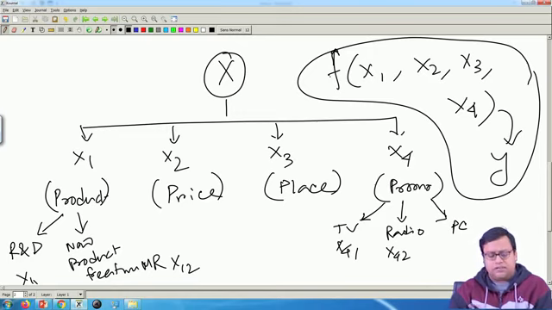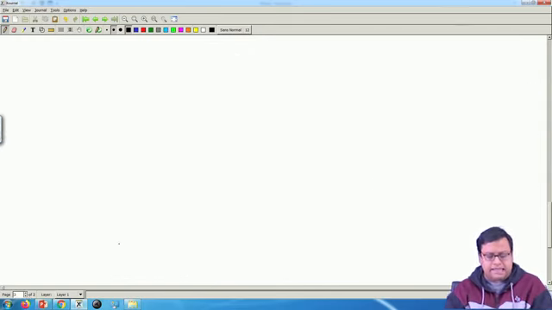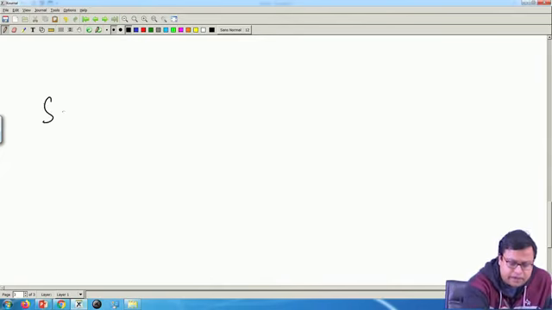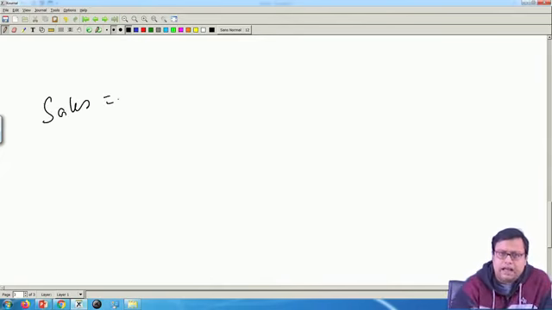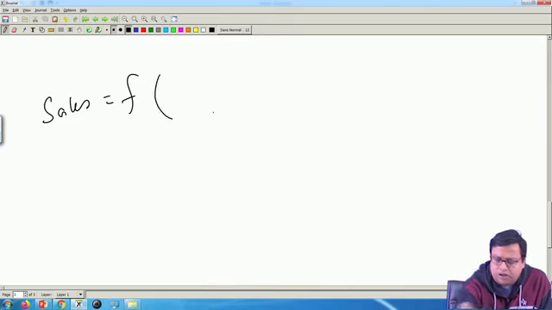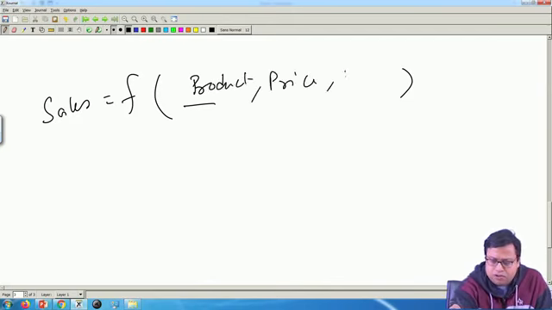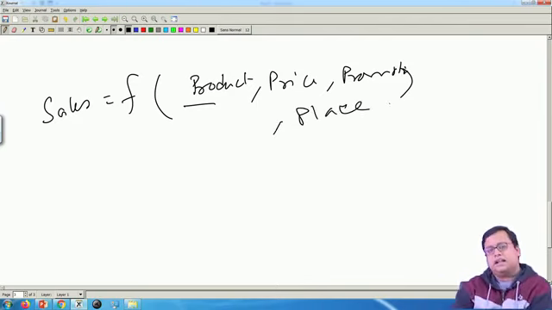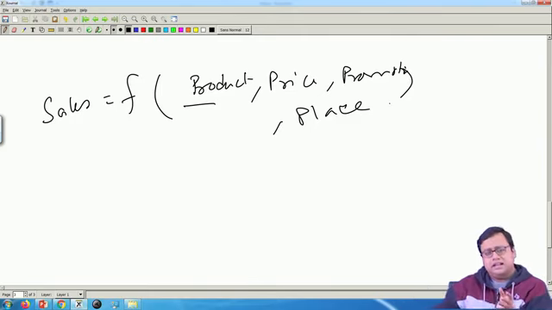Exactly what is the functional form? In most cases in marketing, we take this y as sales, and we say y is a function of various things. So, y is a function of, as I told, the product, price, promotion and place. Now, in most cases, the product is something that has already been decided.